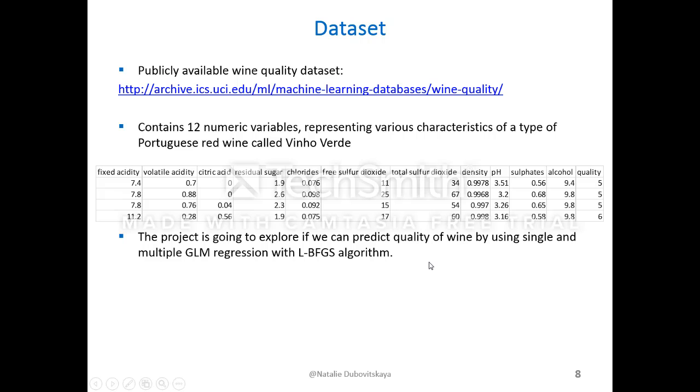There are 12 numeric variables in it. And it's all about different characteristics of a type of Portuguese red wine called Vinho Verde. And there's actually two data sets there. There's a white wine and red wine data sets. I went with red wine because of personal preference. So that's the data set we're going to be looking at with H2O.ai in my project.